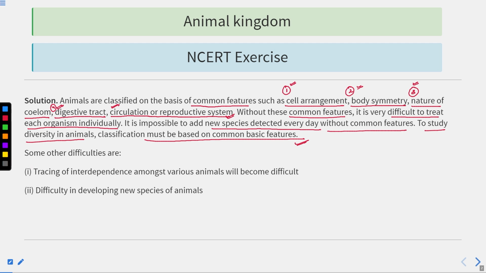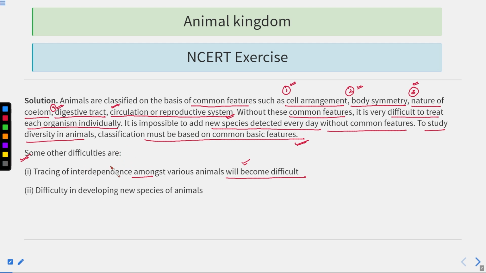So these are some of the difficulties that we are going to face if we do not follow the common basic features. Tracing of relationships amongst the various animals will become difficult. How will you put two or three organisms in one particular phylum, because the phylum is having some general basic characteristics and you are not following that, right? So it is very, very difficult.